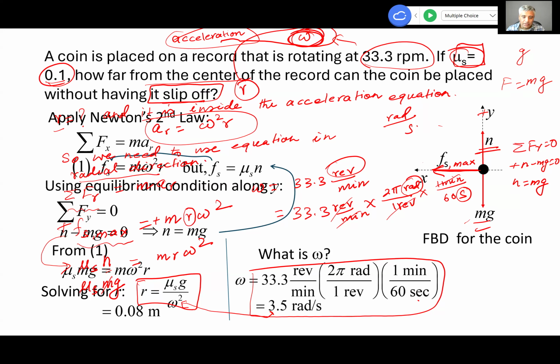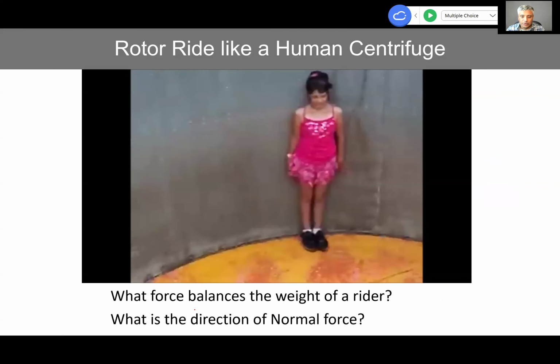So now let's go to the rotor ride here. In this video, and I heard there is a rotor ride somewhere near downtown Denver. I haven't been there, but it is a big cylinder and there is a floor and you stand there.